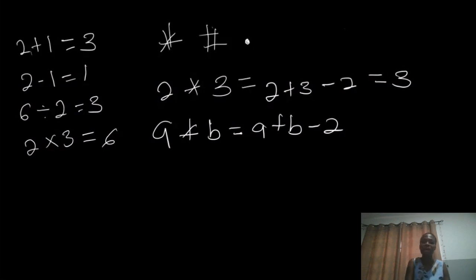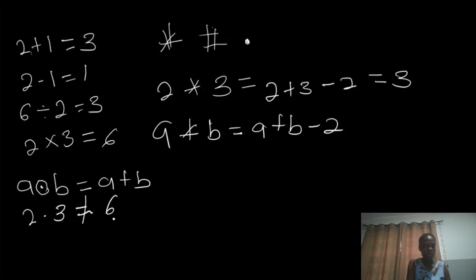So you can also have, let's say, A dot B is equal to A plus B. Mind you, this dot is not multiplication. So if you see 2 dot 3, please, this is not 6.